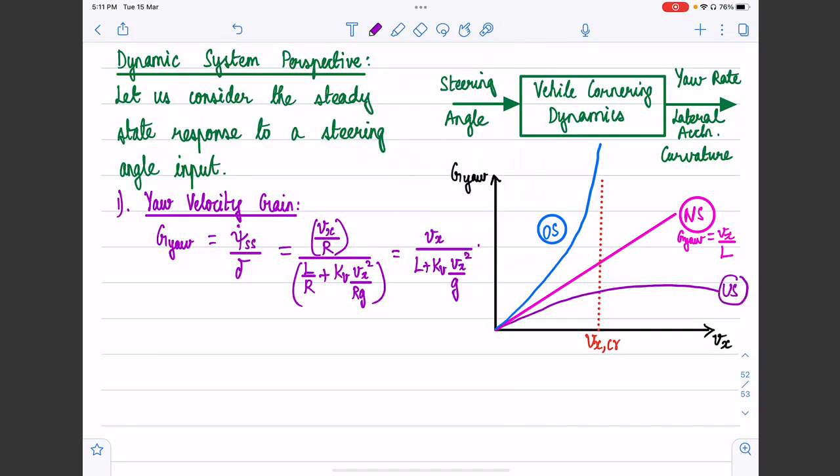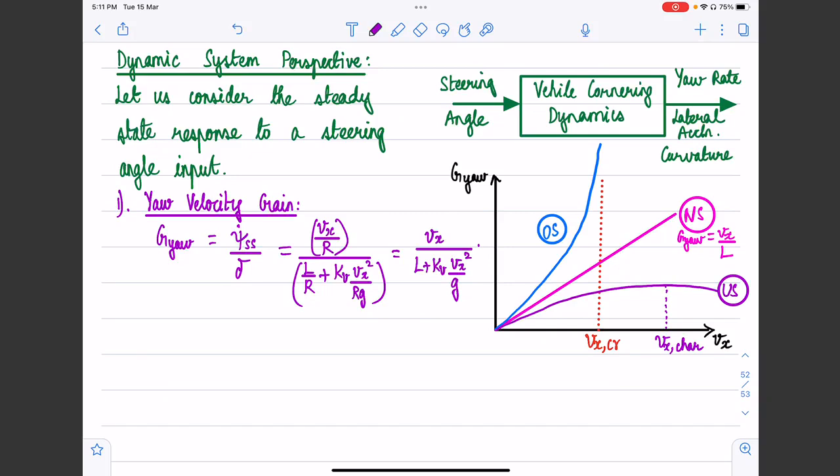And this is where characteristic speed comes in. At Vx equals the characteristic speed, the yaw velocity gain will reach the maximum, and then it will start reducing. So I hope now one impact of the characteristic speed becomes clear.